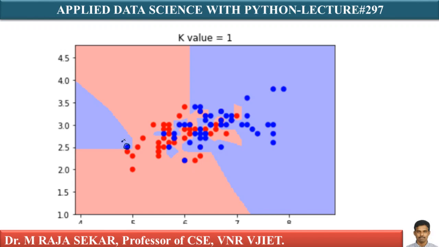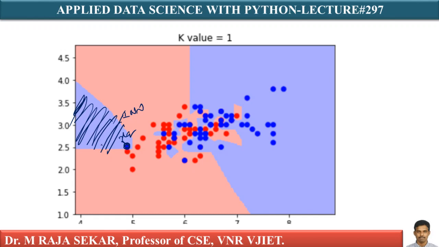If you say this is a query point, XQ, the query point becomes blue. Why? Because we are considering one nearest neighbor, and there is one blue point here, which makes the whole region blue. Because of this outlier point, this whole region becomes blue, isn't it?